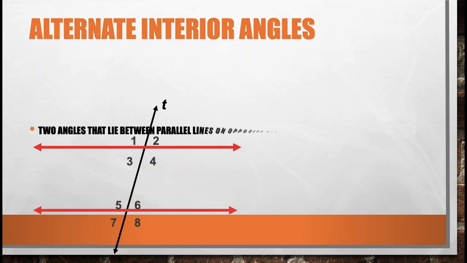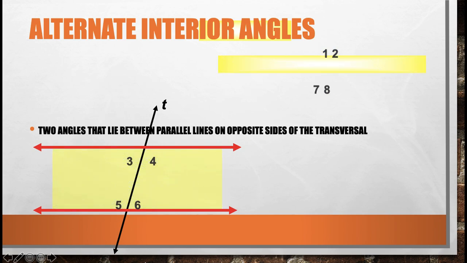Now we will speak about alternate interior angles. What do you mean by interior angles? Two angles that lie between the parallel lines on opposite sides of the transversal. So this is the transversal, and they are lying on the opposite sides of the transversal.